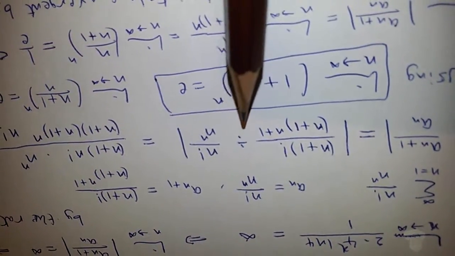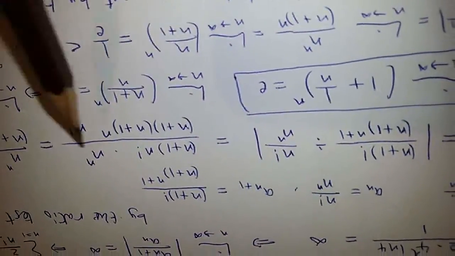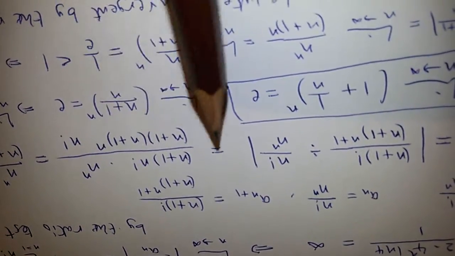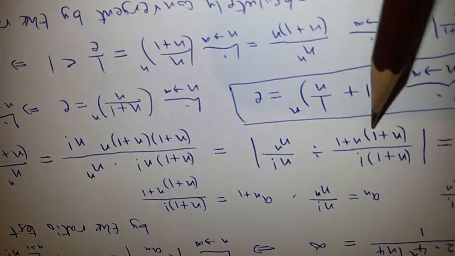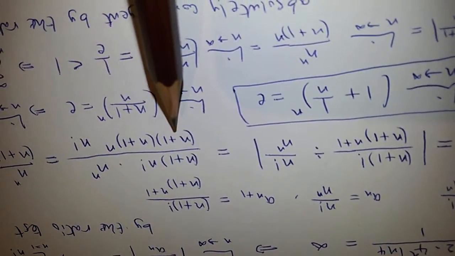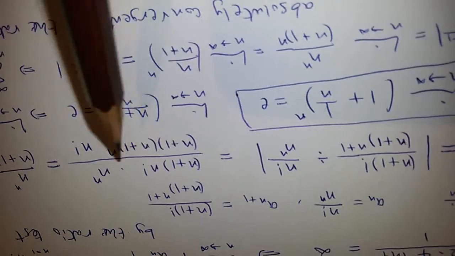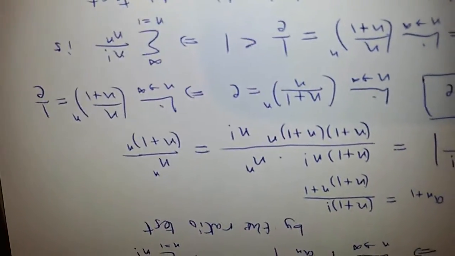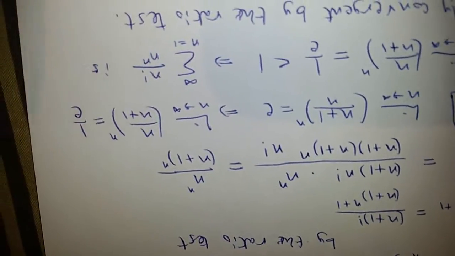Change the division into multiplication, and again remember that (n+1) factorial is (n+1) times n factorial, and you can rewrite this as (n+1) to the power n times (n+1). Now you can see that these two cancel and n factorial cancels with n factorial, and you get n to the power n over (n+1) to the power n.